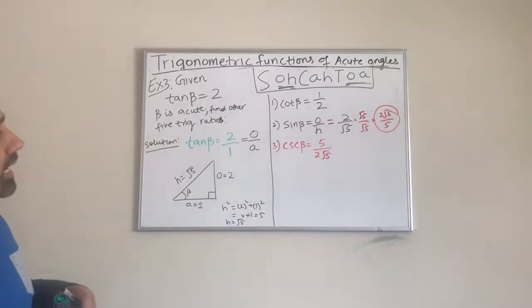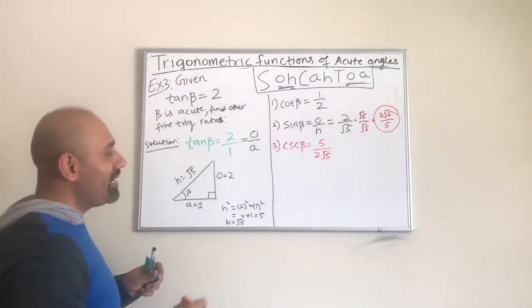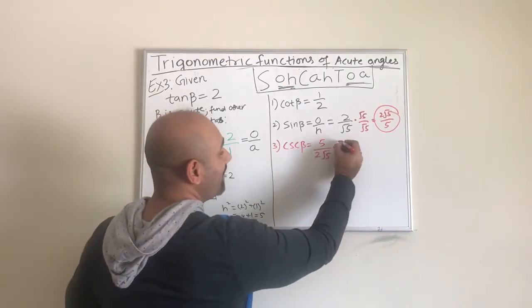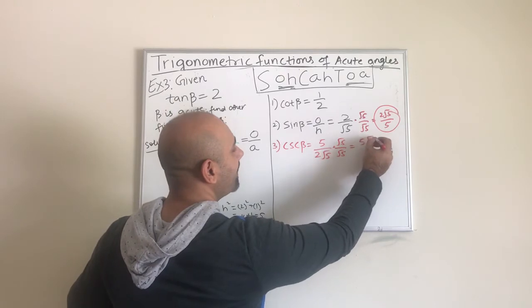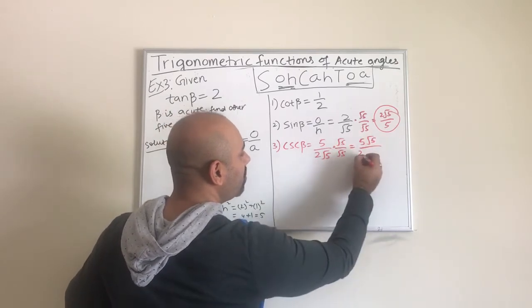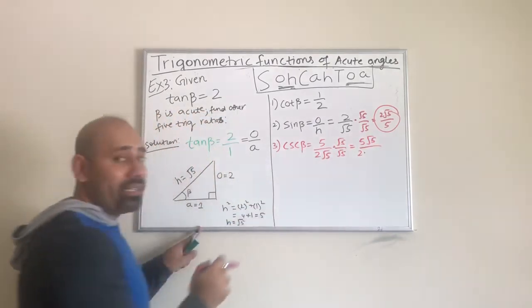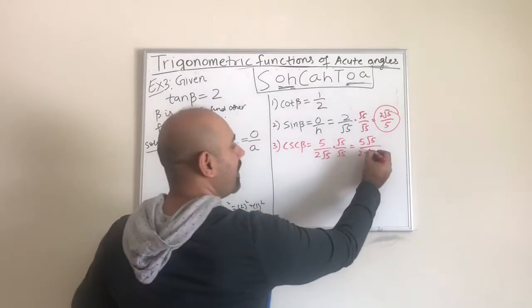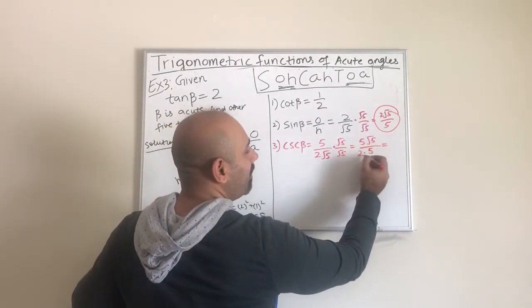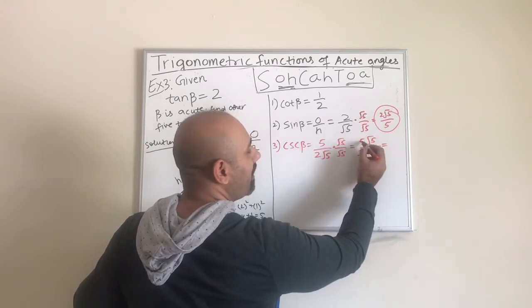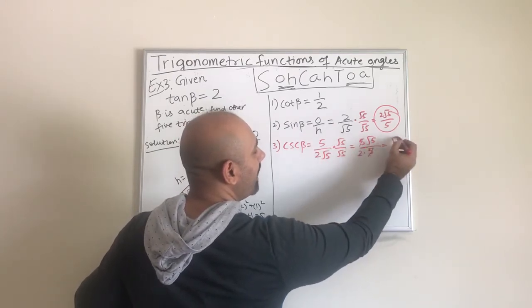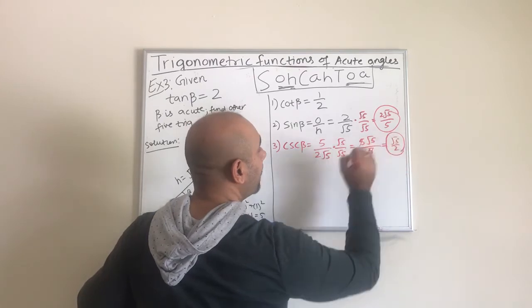Again, I have a radical in the denominator, so I should multiply upstairs by radical 5 and downstairs by radical 5. What do I get? I get 5 radical 5, and downstairs I get 2 times radical 5 times radical 5, which is simply 5. I can multiply 5 times 2, that is 10. Then I can already see that there's a 5 upstairs and downstairs. Just cross it out. It's radical 5 over 2. That is the final value.